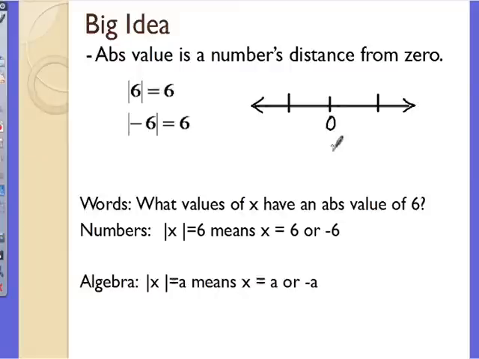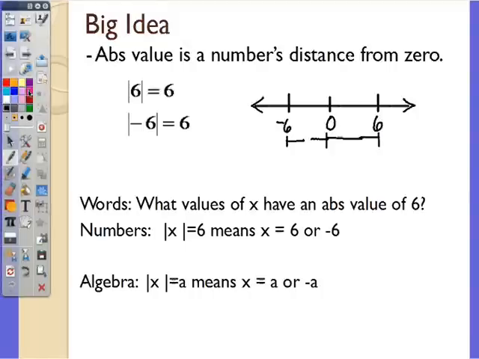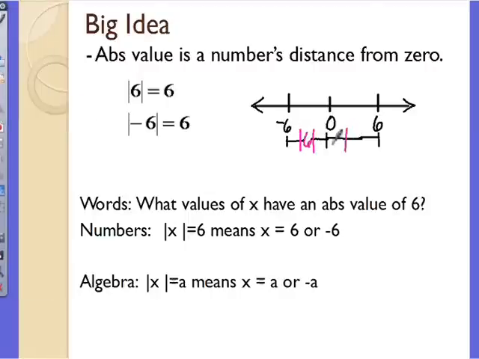Here's my 0, and I've got 6 and -6. That distance on both of them is the absolute value of 6. I'm going to go ahead and write that in a different color. Okay, so either way, we get a distance of 6 units.